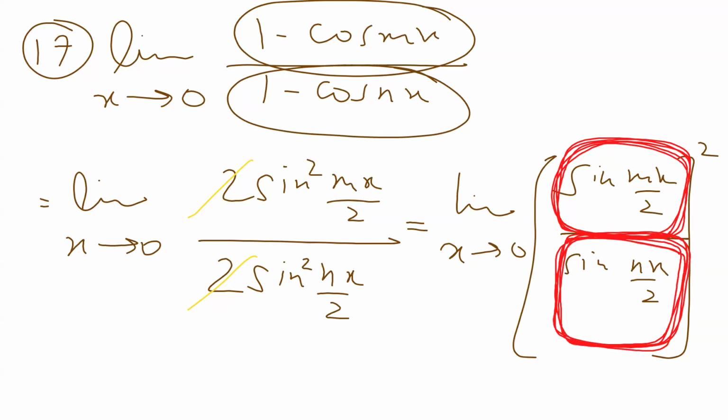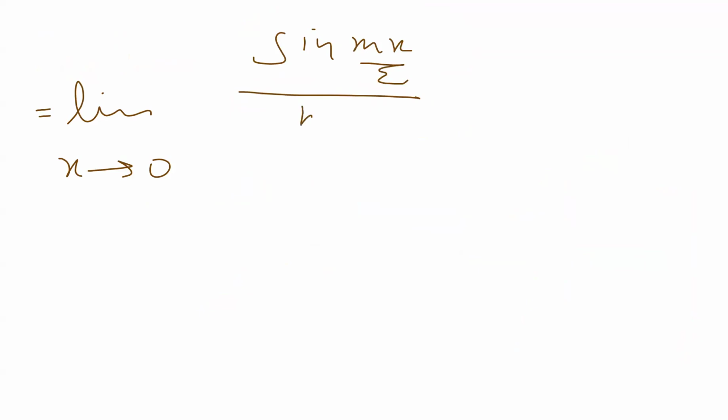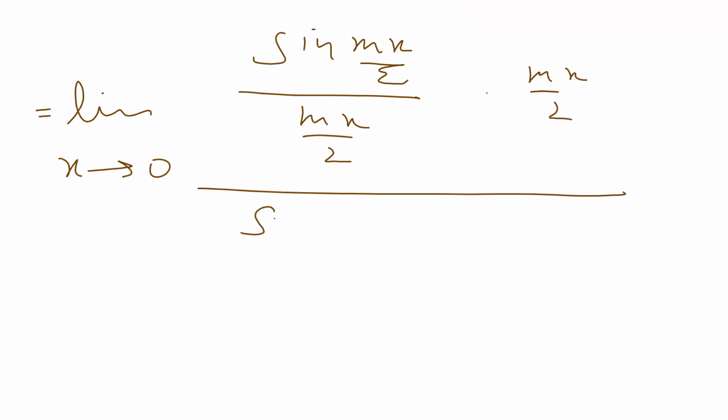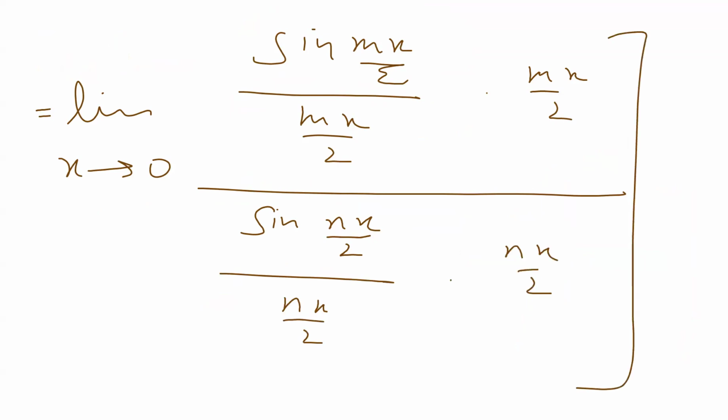Now in the numerator, we need to multiply and divide with mx by 2. In the denominator, we have to multiply and divide with nx by 2. All within the box bracket. So see how I'm writing. Sine mx by 2 upon mx by 2 into mx by 2. Sine nx by 2 upon nx by 2 into nx by 2, the whole square.